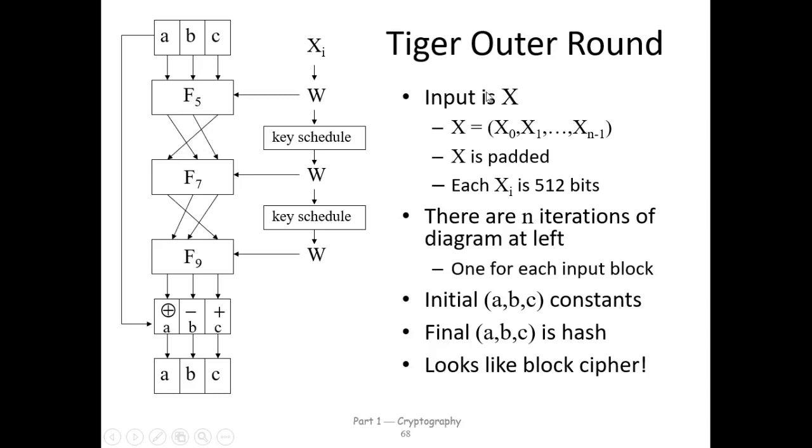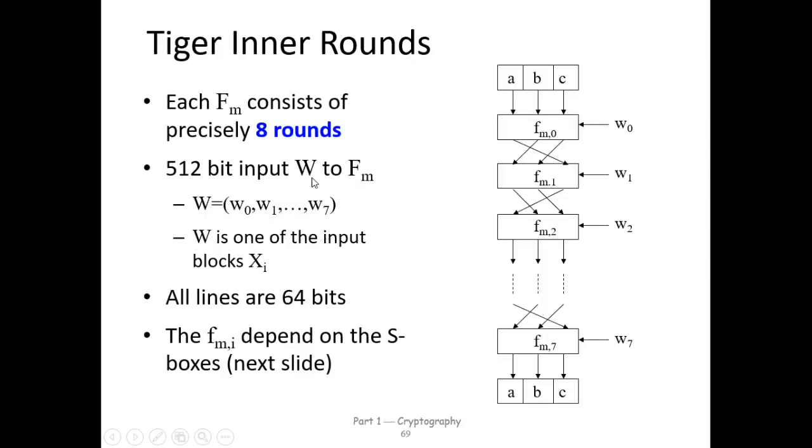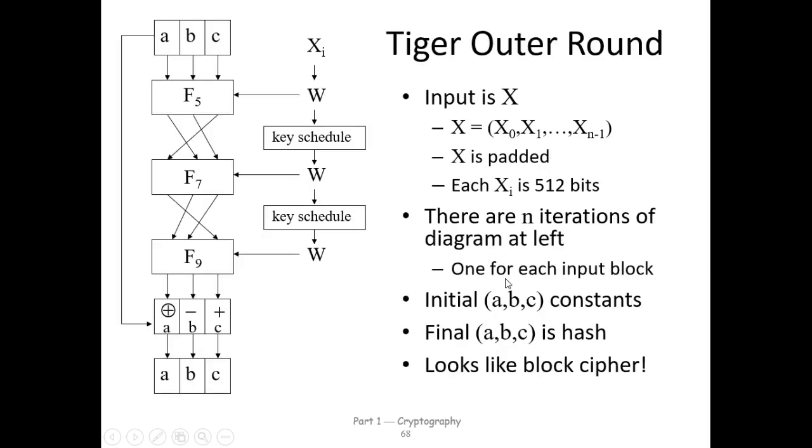Along with this data, that is xi, we will be considering some constants. For each hash, we consider constants A, B, C, which are again 64 bits. The final ABC is your hash.